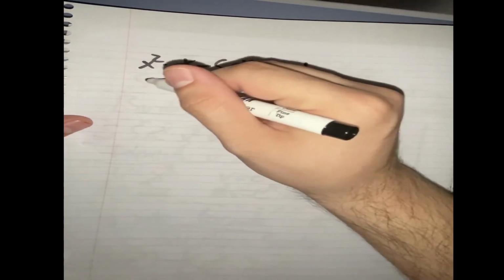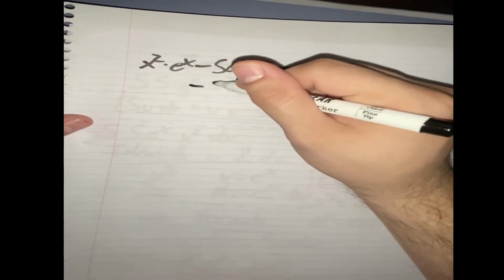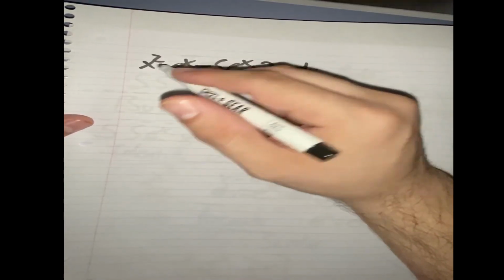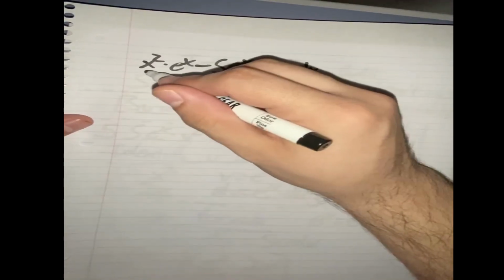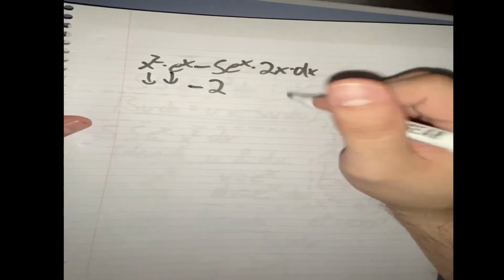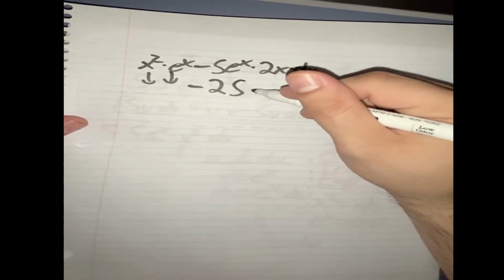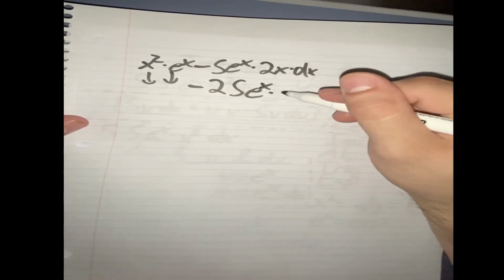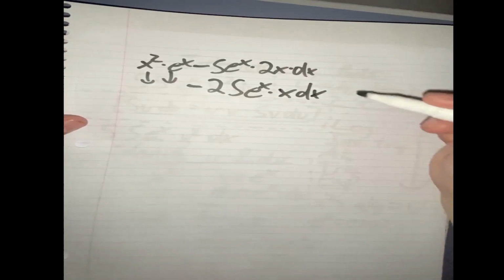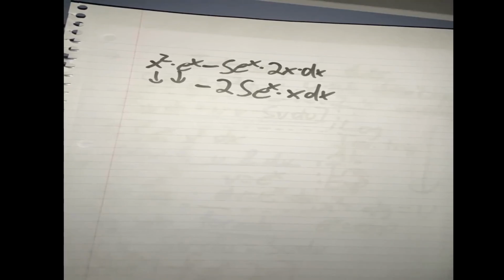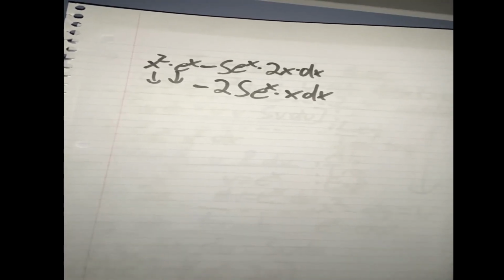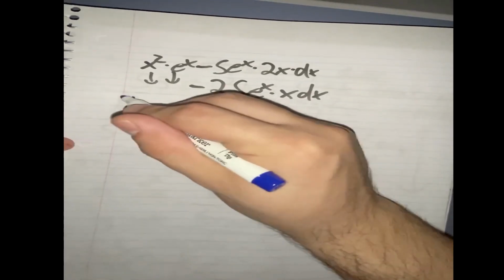So we pull the 2 out, and I'm not going to write these, but they're implied that they're going down. So minus 2 integral e to the x times dx. Now we have to do the same process. The next step would be to solve the integral.